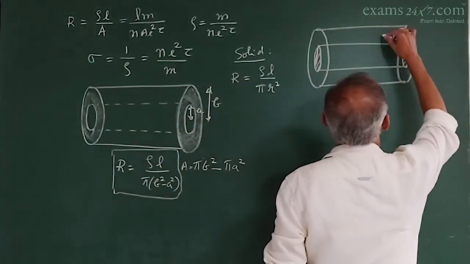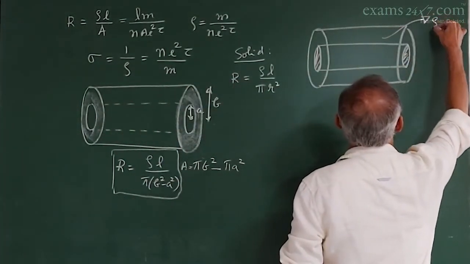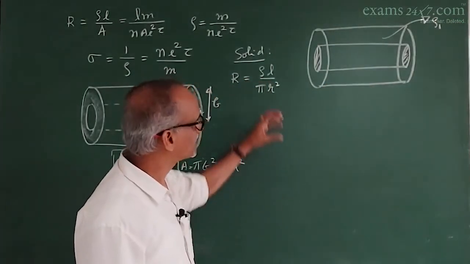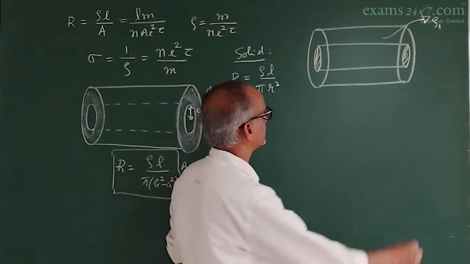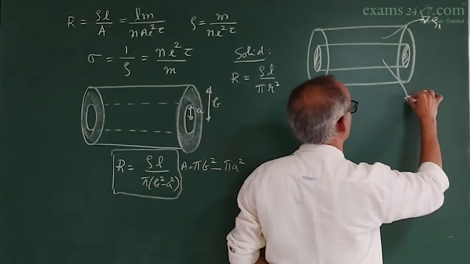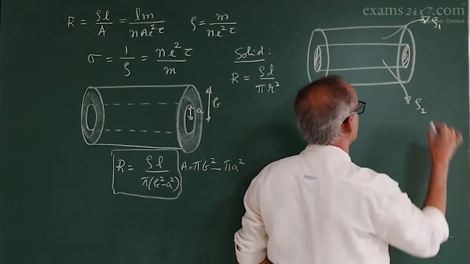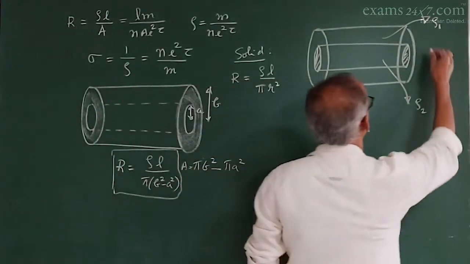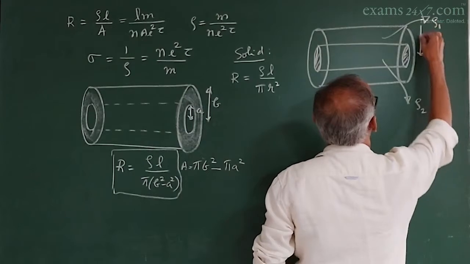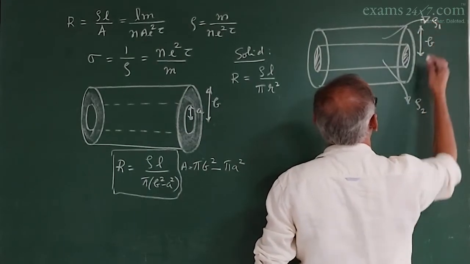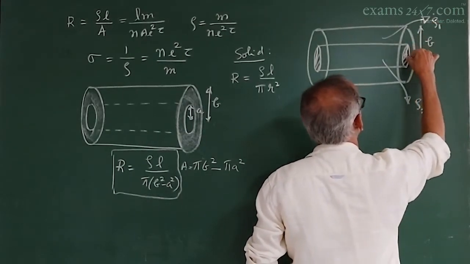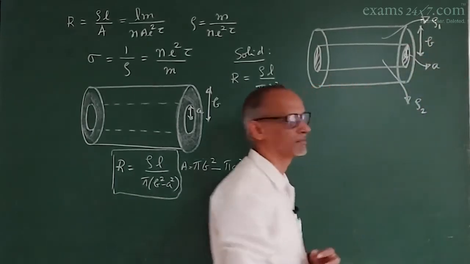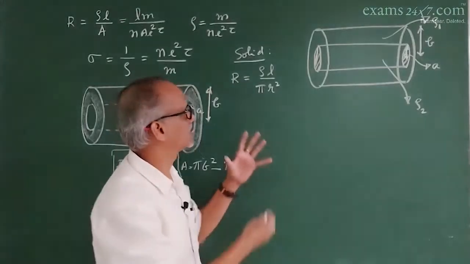The outer one has resistivity rho 1, and the inner cylinder is made of a material having resistivity rho 2. The outer one has radius B and the inner has radius A. Now what is the effective resistance of this?